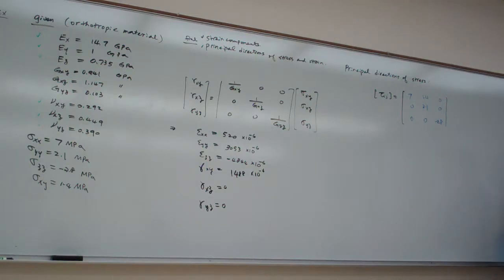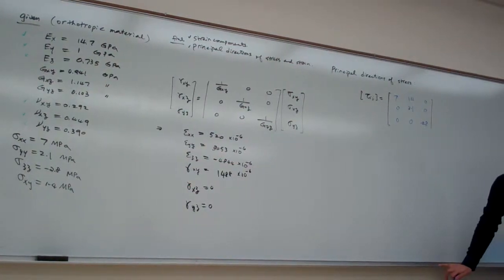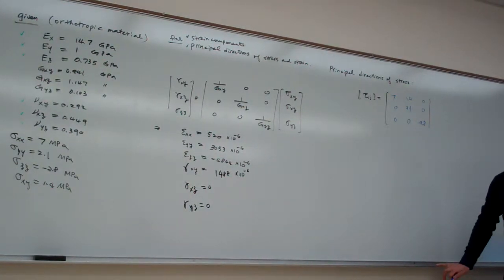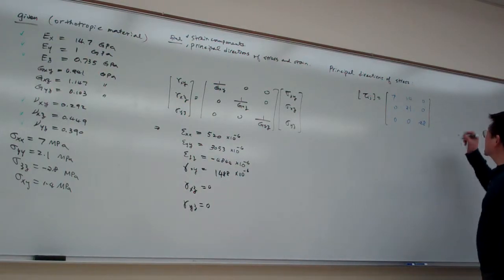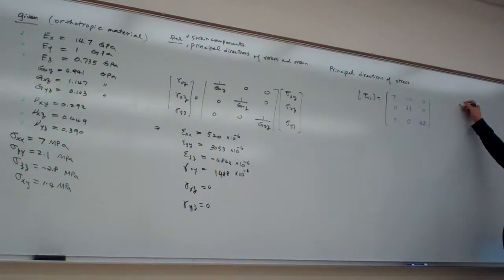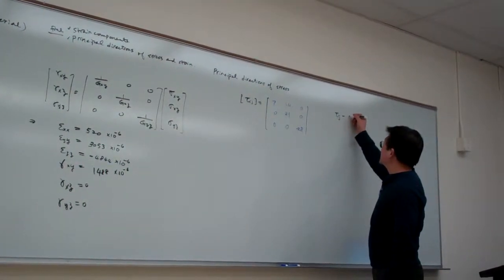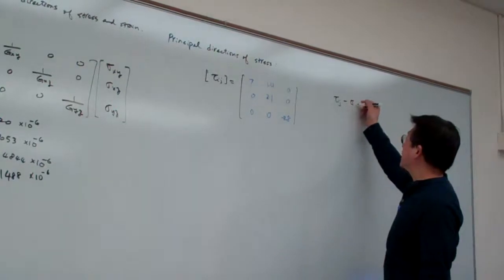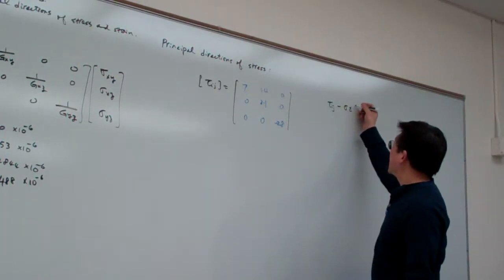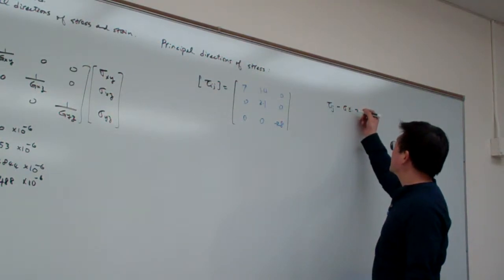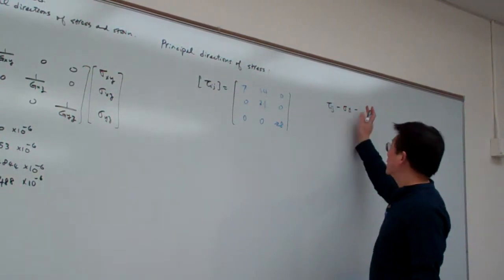So we are given this. Are you able to calculate the principal directions? Yes, right? How to do it? The typical way is to solve the eigenvalue problem. Tau ij, with the principal stress sigma multiplied by the principal directions.